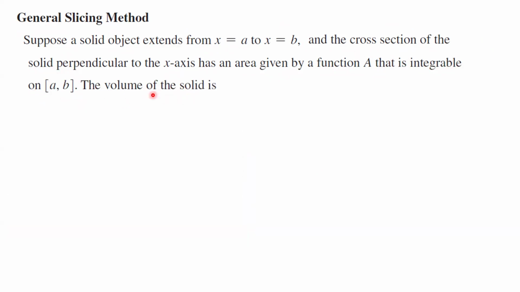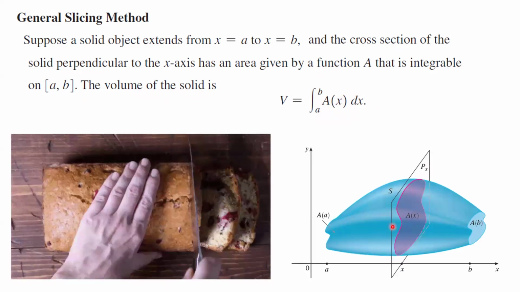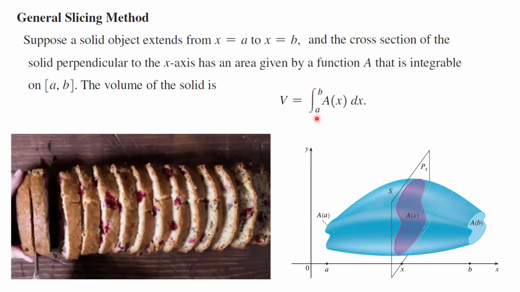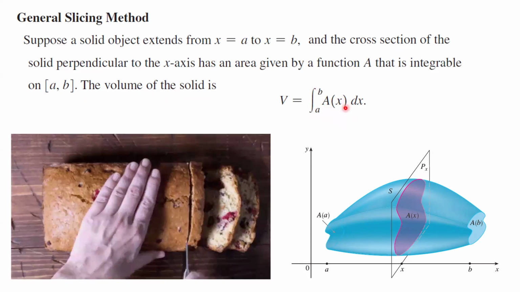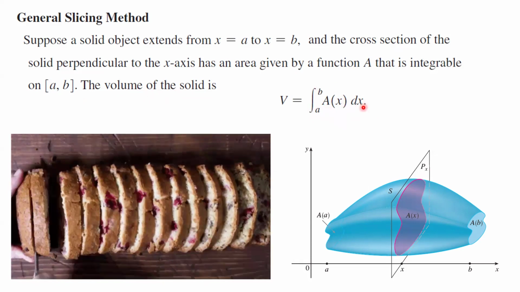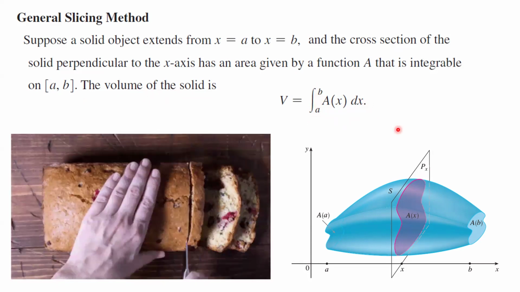Then the volume of the solid is the definite integral of A of x dx. So all you need to do is to find the cross-section and calculate the definite integral of the area of that cross-section with respect to x as x extends between a to b.